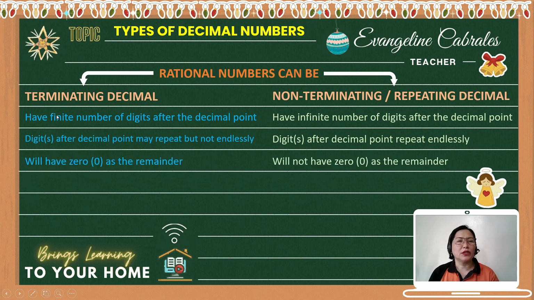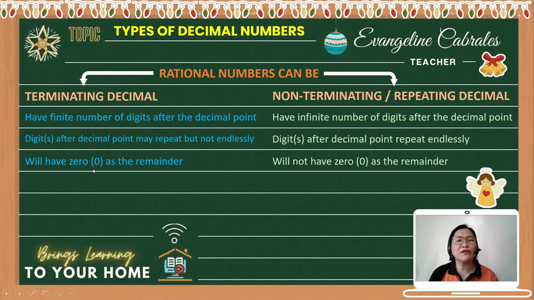Now, terminating decimal will have a 0 as the remainder. Tandaan nyo kasi mga bata na kapag sinabi nating terminating decimal or non-terminating or repeating decimal, sila na yung quotient. Sila na yung sagot kapag ikaw ay nag-divide. Pag nag-divide ka at ang quotient ay may decimal numbers, ika-classify mo lang siya as terminating o kaya ay non-terminating or repeating decimal.